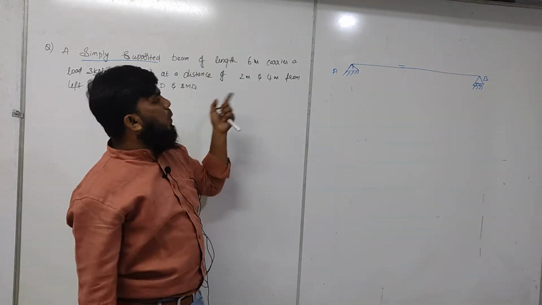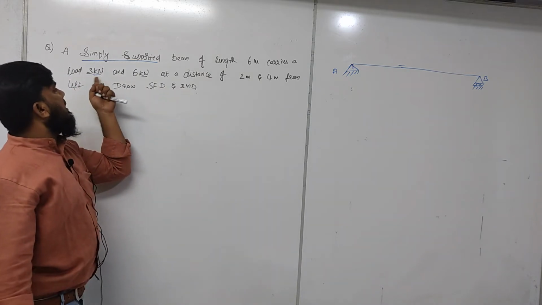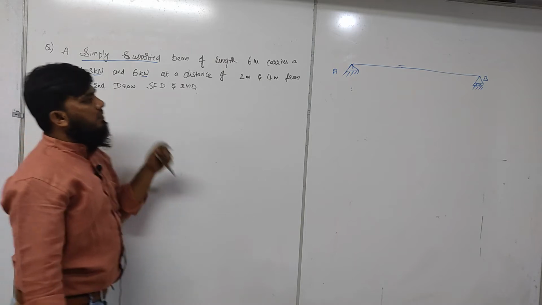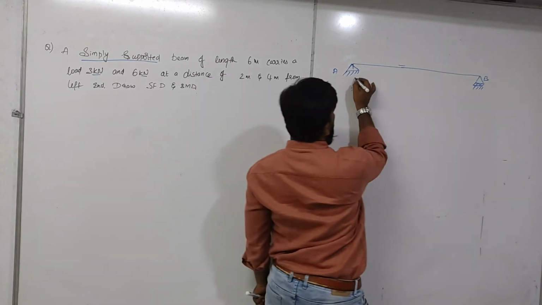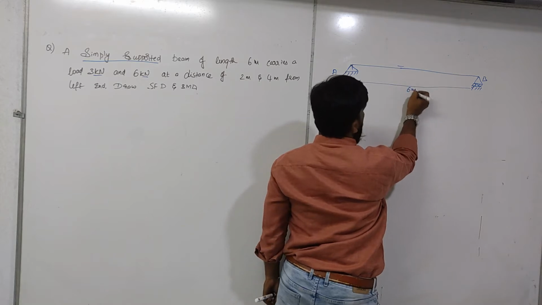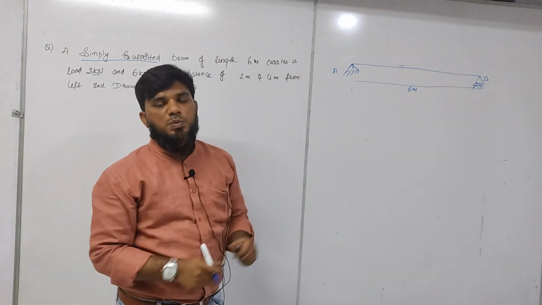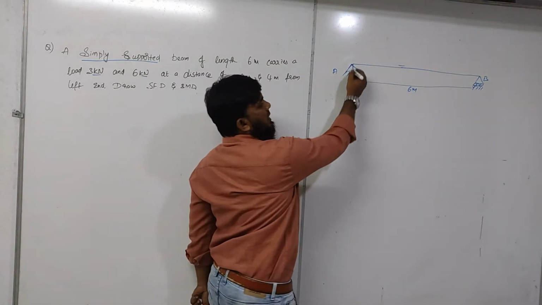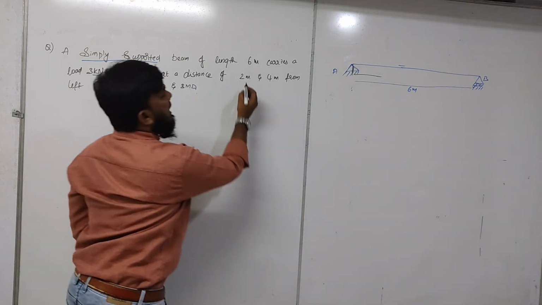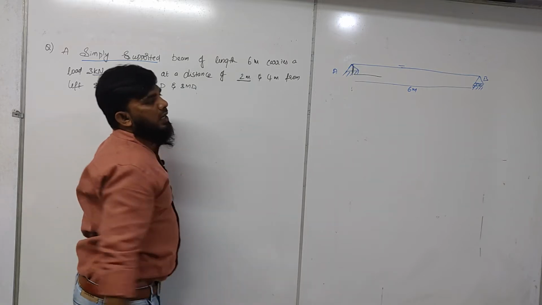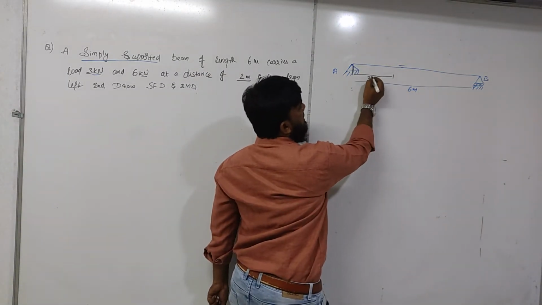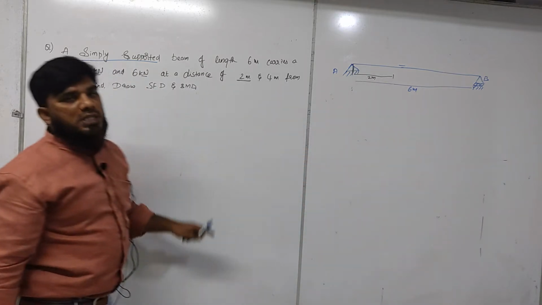Next they have given the loads. What are the loads? 3 kilonewton and 6 kilonewton at distances of 2 and 4 meters from the left end. The total length given is 6 meters. Now from the left end, at a distance of 2 meters, what load is acting?